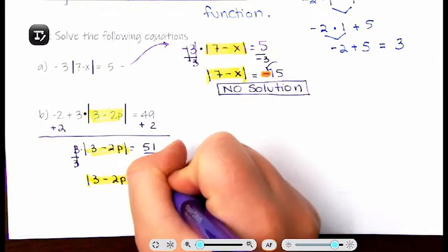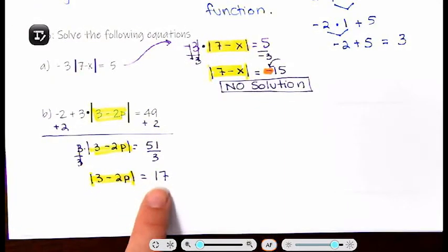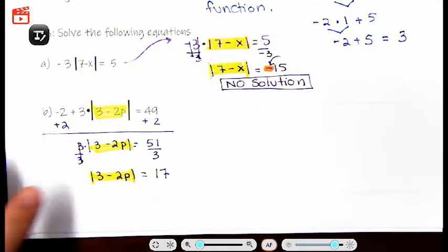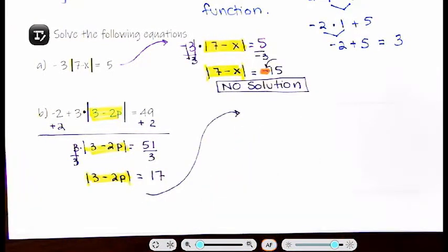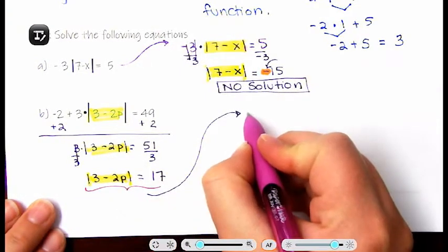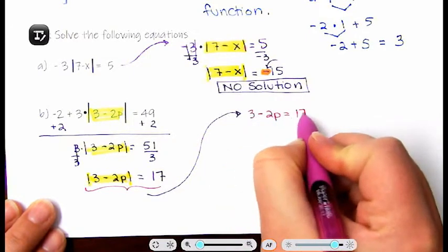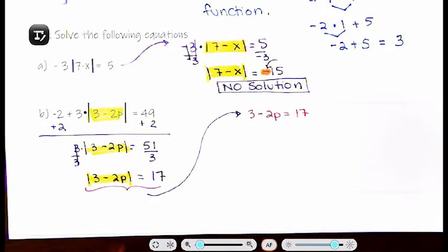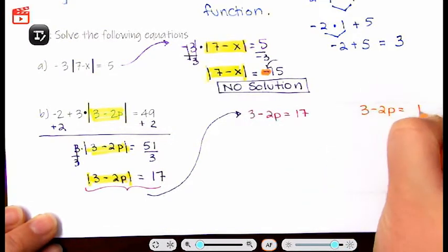And now I'm doing a happy dance because 17 is positive. So we do a mental check. Absolute value can equal a positive number, so therefore we can continue. When we continue, we're taking this and copying it down twice. So I have 3 minus 2p is equal to 17, and I have 3 minus 2p is equal to 17.